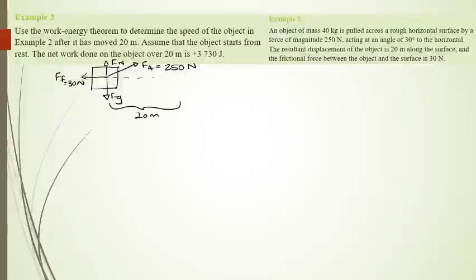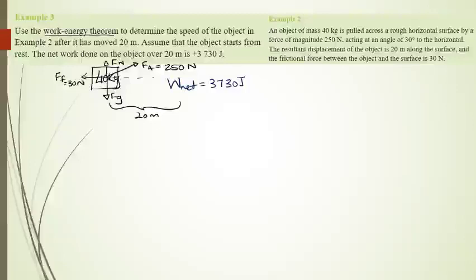Now, example 2 was the example where we moved that 40 kilogram object 20 meters with an applied force of 250 newtons and 30 newtons frictional force. We found out that the net work done is equal to 3,730 joules. Now they want us to use the work-energy theorem.